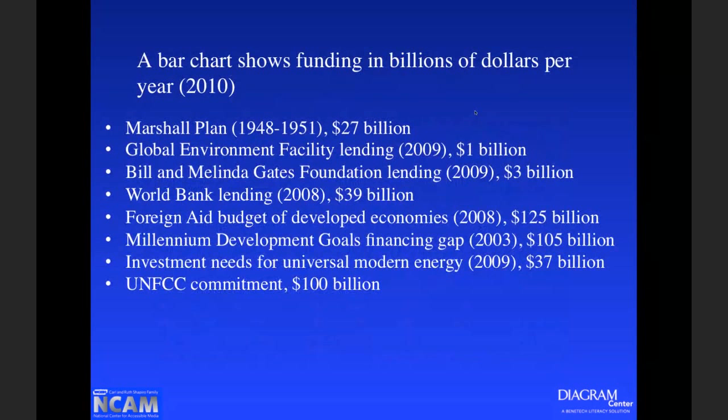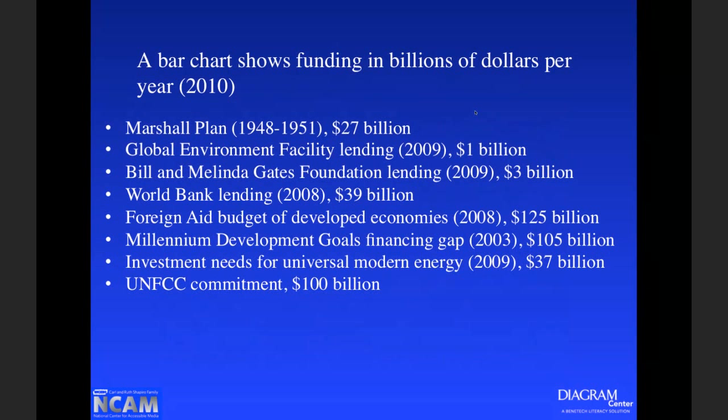So we have a title, of course, or a description. This one didn't have a title. A bar chart shows funding in billions of dollars per year. So in this case, we sort of had to set the stage with the description. There wasn't a title. And then where you would have 3 columns in a table, in this case, it reads just as clearly in a list that someone can move down very easily.